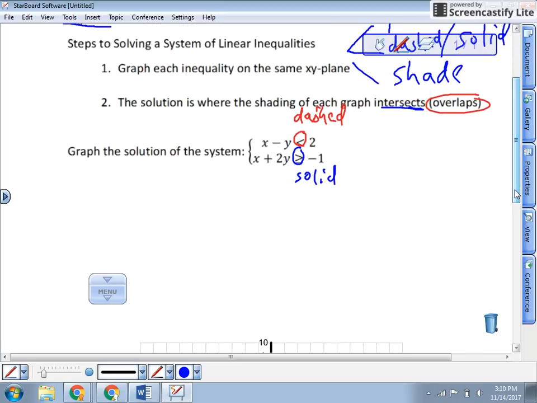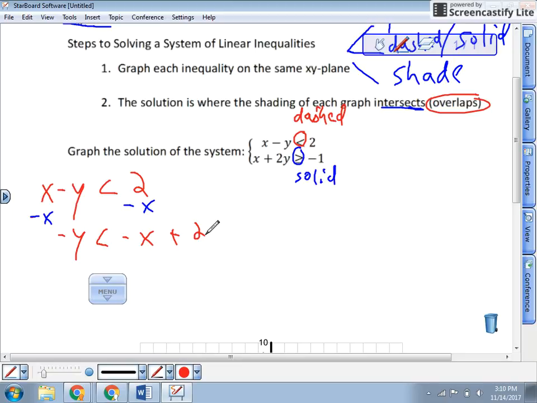So let's go one at a time. We'll do the one on the top first: x minus y less than 2. I need to get y by itself, so I'm going to subtract x from both sides. I'll be left with negative y is less than negative x plus 2, keeping the minus x in front to keep it in that form.